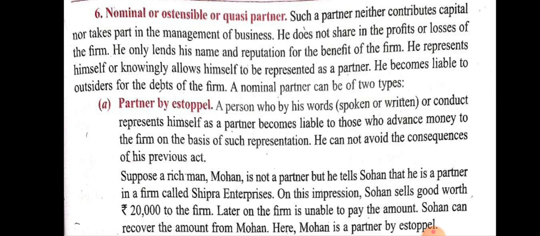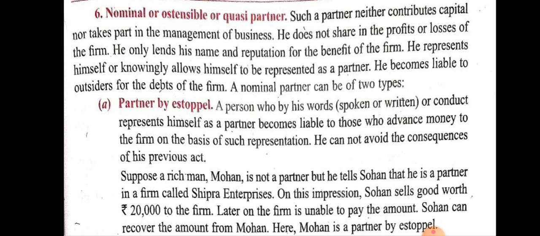An example is given here. Suppose a rich man Mohan is not a partner but tells Sohan that he is a partner of the firm called Shipra Enterprise. So Mohan is only giving his name and representing himself to be a partner of Shipra Enterprise.